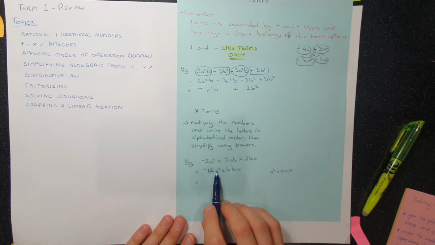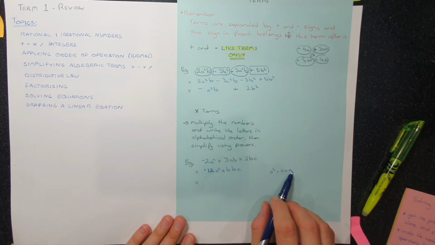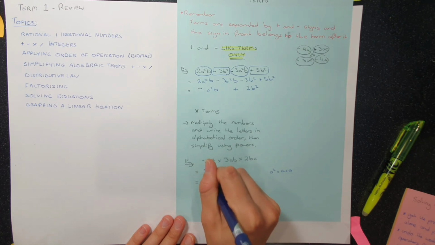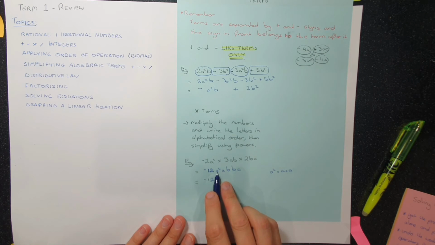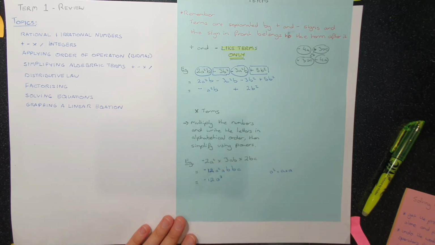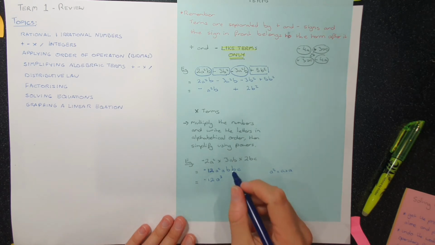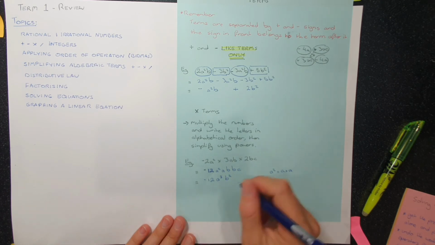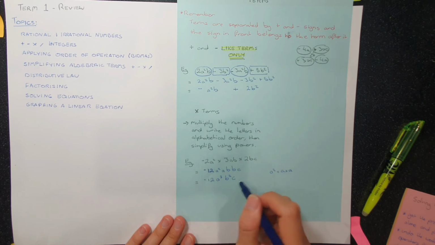So when I write this out and simplify it, a squared times another a is going to give me a cubed, or a to the power of 3. Two b's multiplied together can be simplified to b squared, and then c on the end. That is how you multiply algebraic terms.